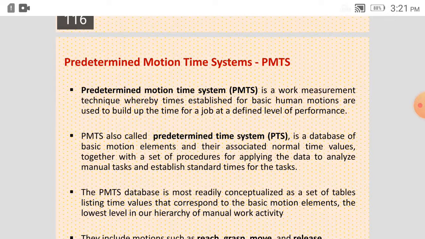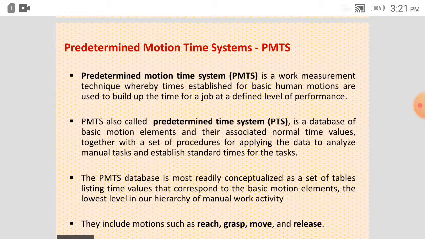So PMTS is a work measurement technique where times established by basic human motions are used to build up the time for a job at a defined level of performance. So every motion can be carried out in a standard time, and that standard data will be referred to know what actually is going on.